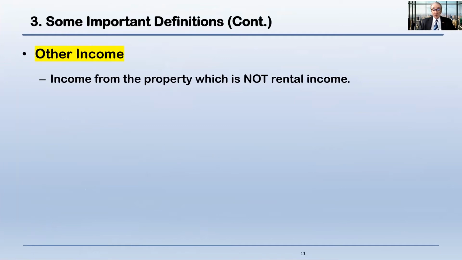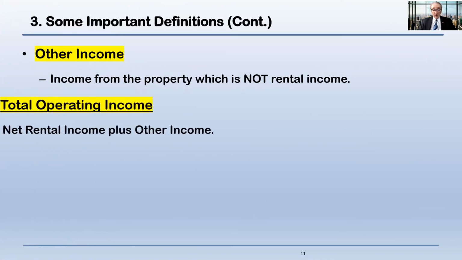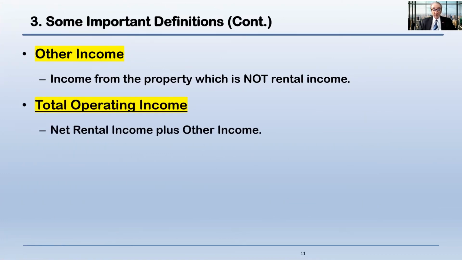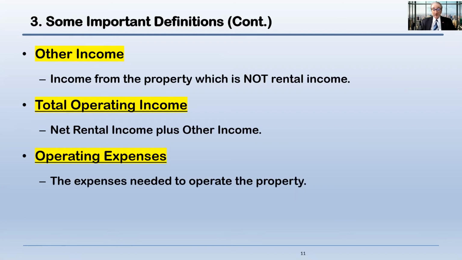All right, there's other income in addition to the rental income, and that's income from anything except the rental income, such as laundry income or other income such as a soda machine income and so forth.